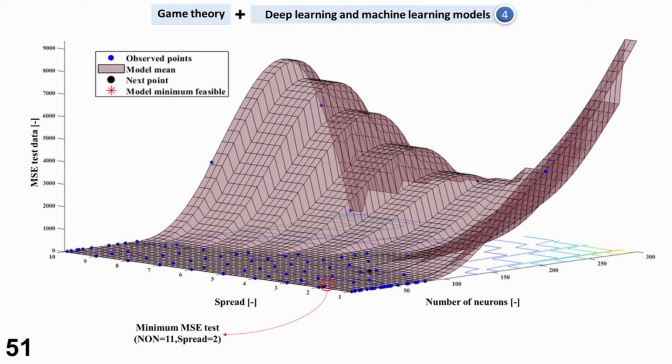Now it's time to talk about machine learning. We use Bayesian optimization, which allows us to optimize various hyperparameters simultaneously in our models. For example, in this slide, which is for a radial basis function neural network, the spread and number of neurons were optimized simultaneously.